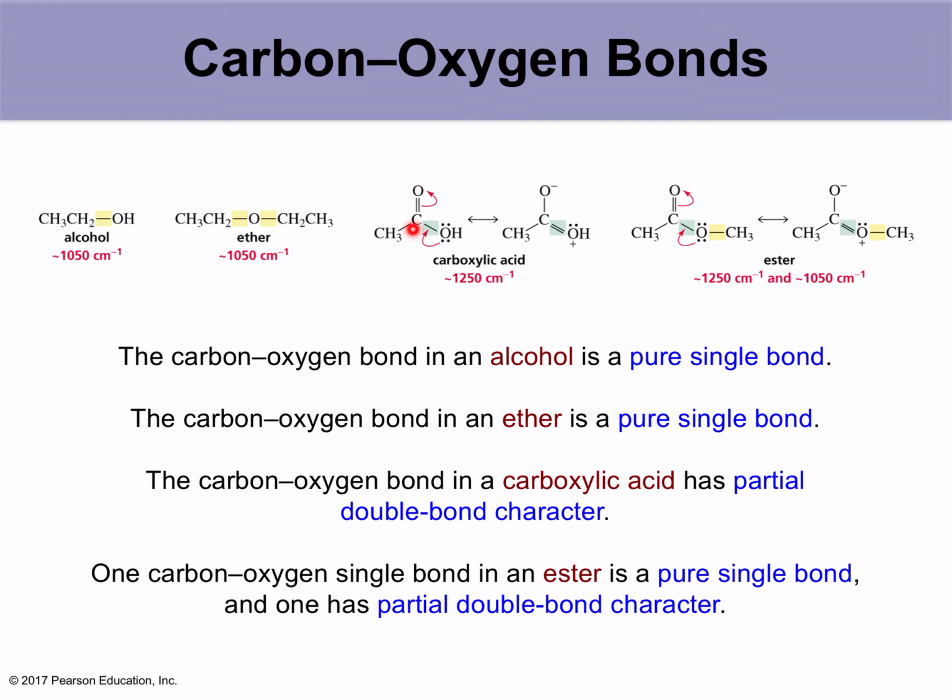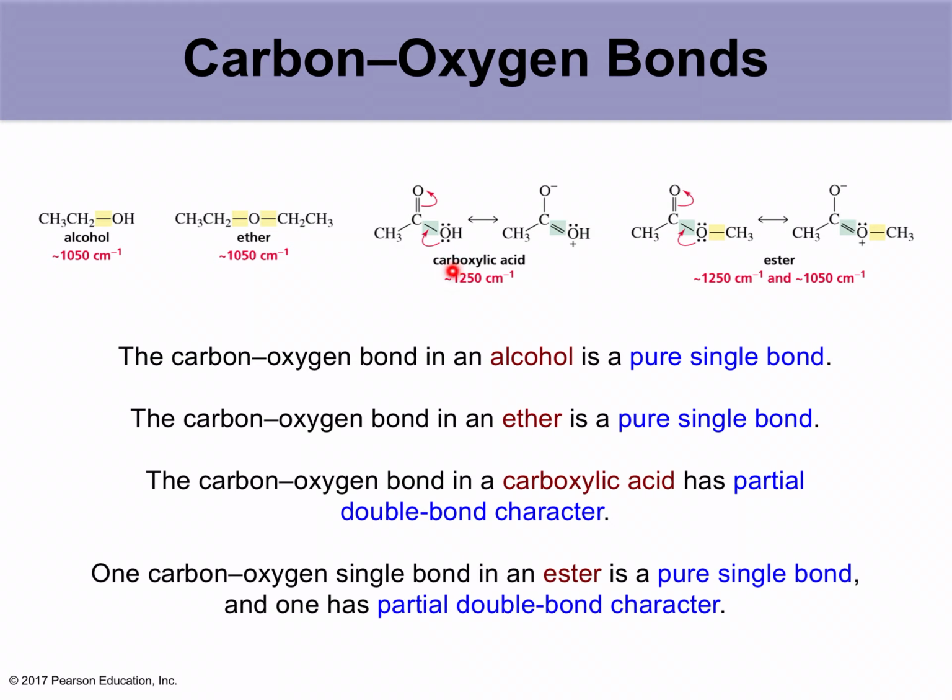Now we are talking about the carbon oxygen bond right here. Now remember in the carboxylic acid, the lone pair of the oxygen can form a pi bond between the carbon and oxygen, making it a double bond. So then this bond will open up. So now this carbon oxygen bond has a single and double bond character.